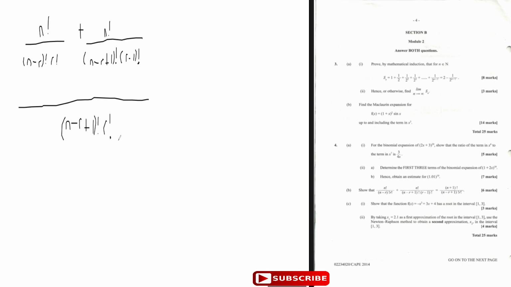Now I just want to write this down. We know that, for example, 5 factorial can be written as 5 times 4 factorial.